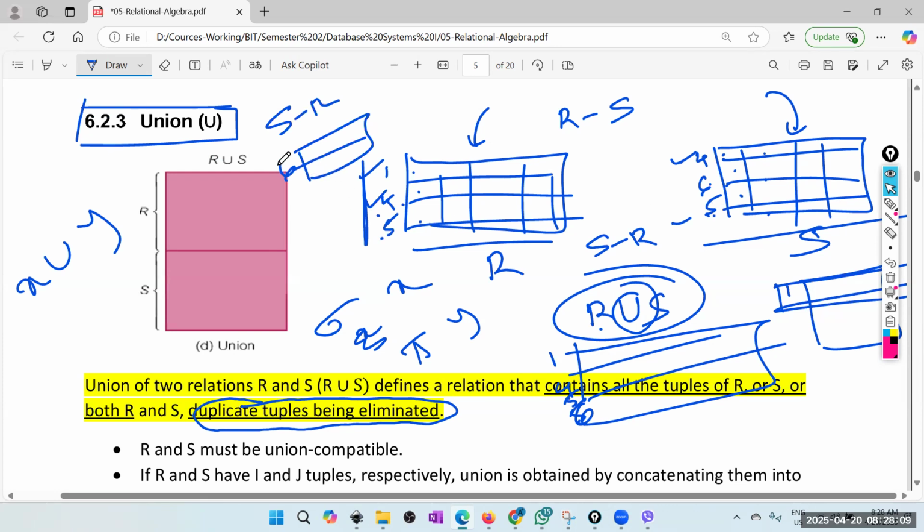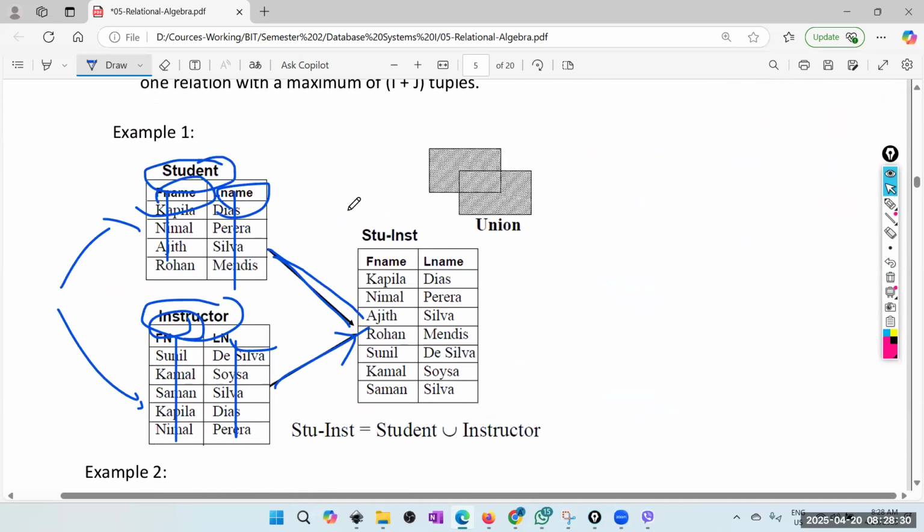So therefore 5 is not taken. Only 6 will be there. So you can see S minus R and R minus S are two different things. So in general, S minus R and R minus S can be different, but the union is always the same. It doesn't matter whether left or right for union, but it matters for set difference. Okay.